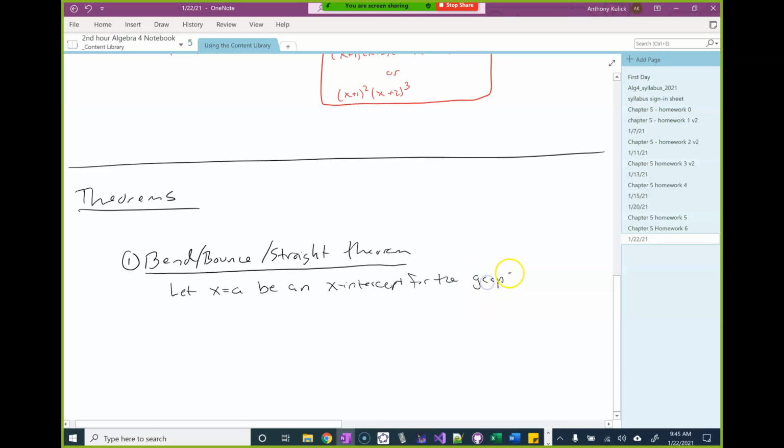So the first theorem is called the bend-bounce-straight theorem, and it has 3 parts to it. The condition is that we have x equals a as an x-intercept for the graph of y equals f of x.